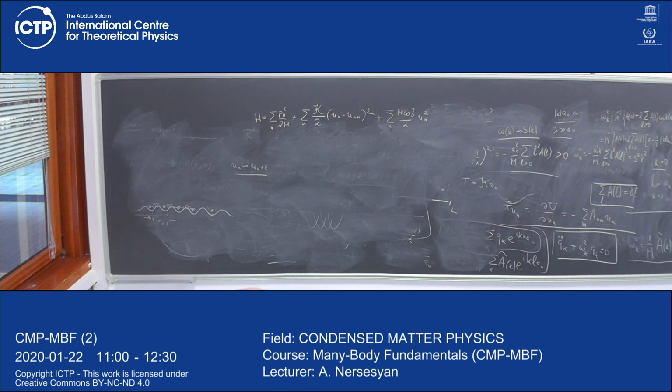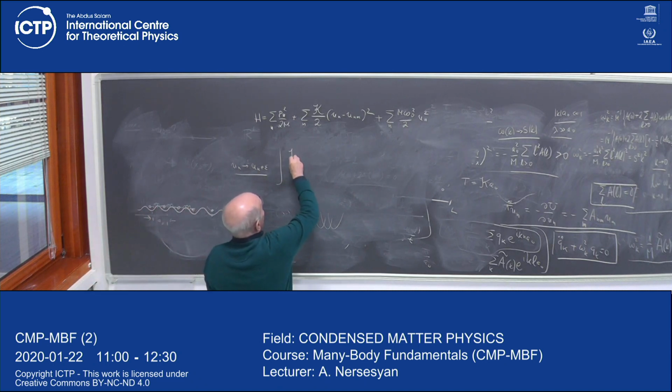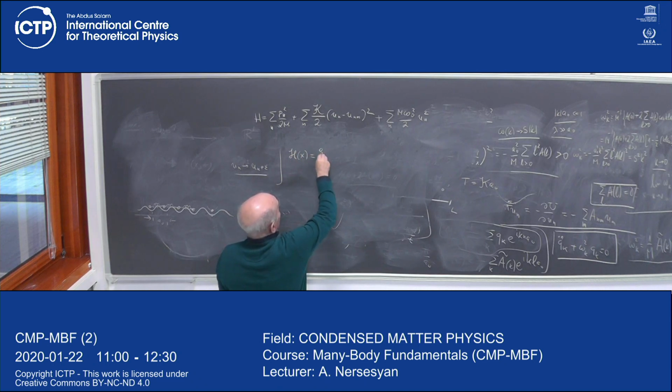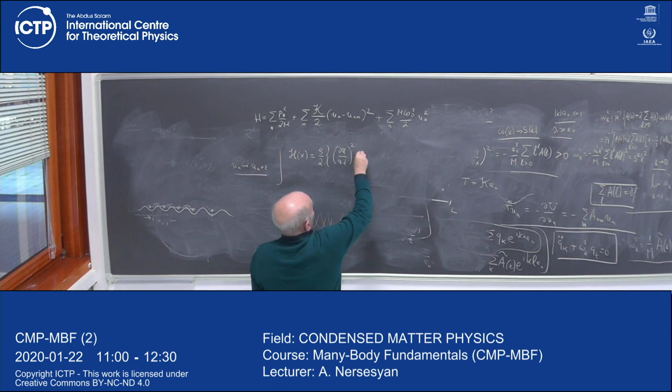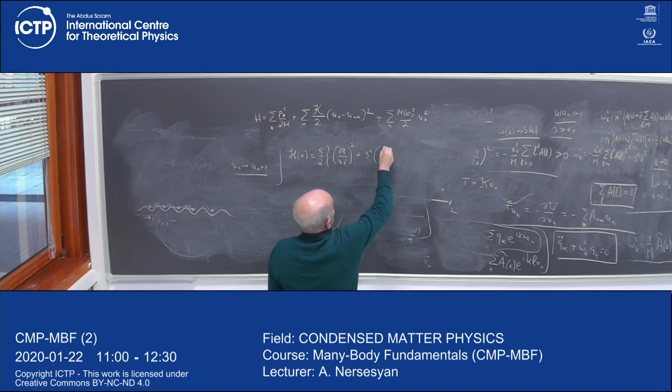What I will obtain for the model in the continuum limit, you can write down almost blindly. The effective Hamiltonian density will look like rho divided by 2 times du dt squared plus s squared du dx squared.